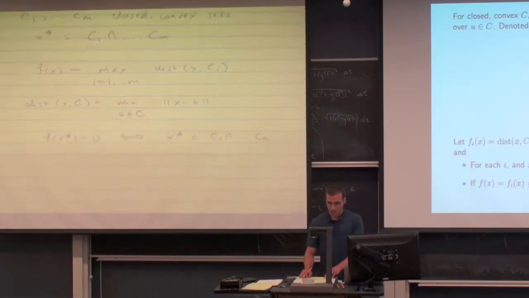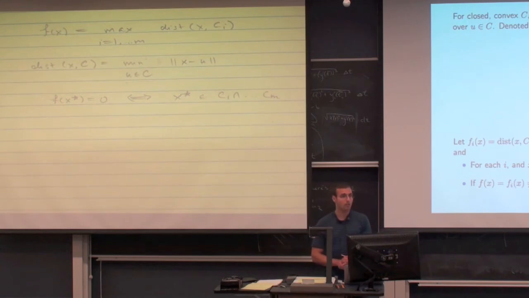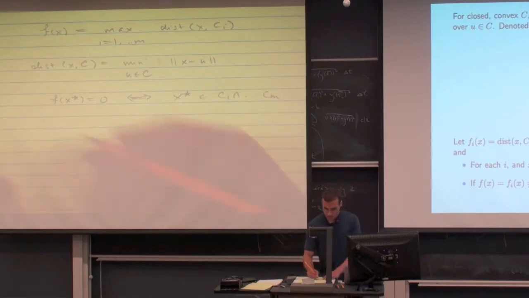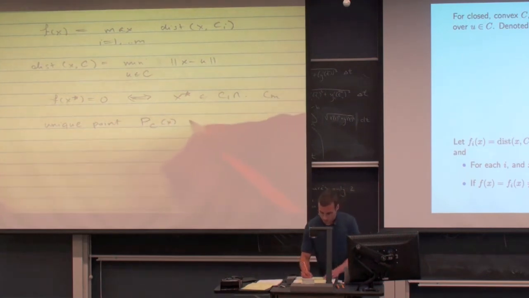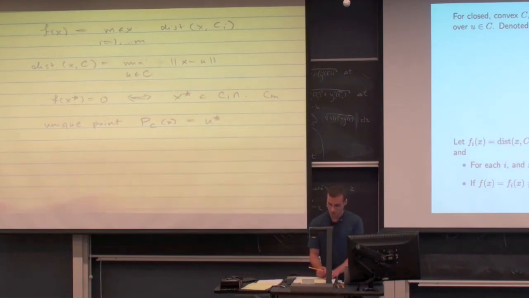So if C is closed and convex, then there's a nice thing about it being convex. The nice thing is that there's a unique point, and we write this as the projection onto C of x, u star, right?